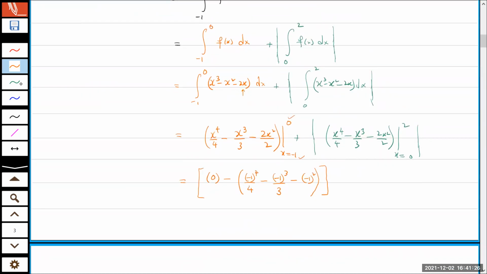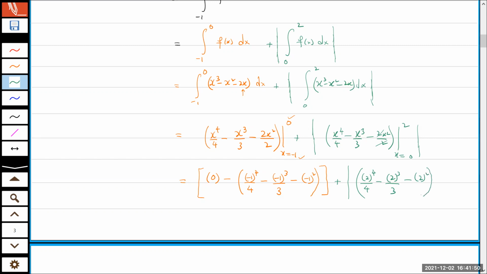Now for the green part, you see that my lower limit is 0, and every term in the antiderivative has an x. So it's going to be 0 at x equals 0. I would simply write absolute value, 2 to the 4 divided by 4, 2 cubed divided by 3, negative 2 squared.